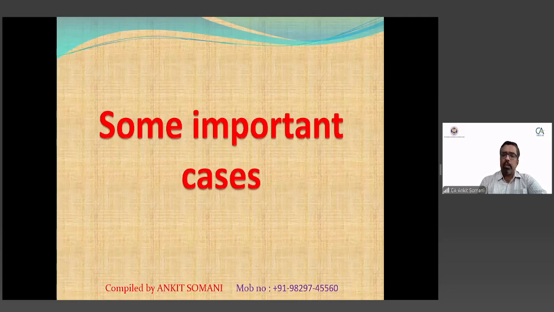Now let's understand some important cases under which some benefit can be availed by the taxpayer, or cases that resolve each and every condition.